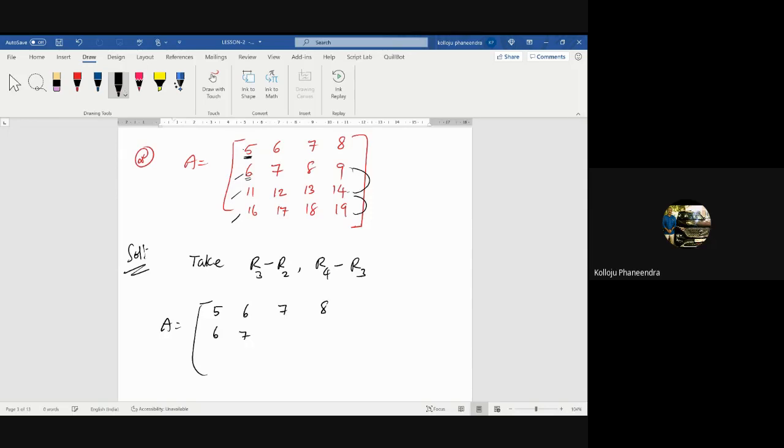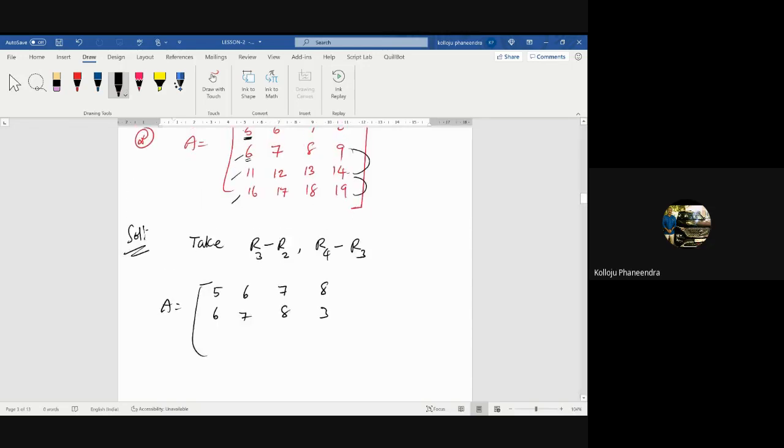There is no change in the second row. The change belongs to the third and fourth rows. What is this? 11 minus 6, 12 minus 7, 13 minus 8. This is 5. Coming to the last, this third, this minus this: 16 minus 11, 17 minus 12, 18 minus 13.